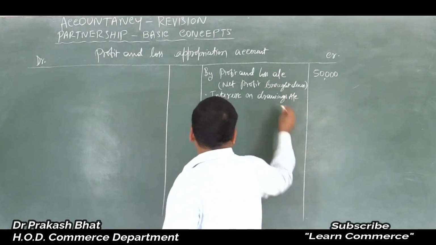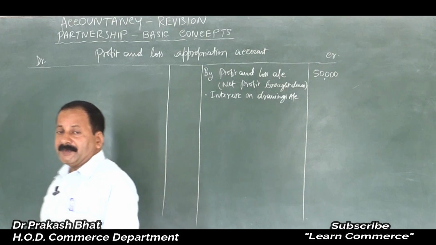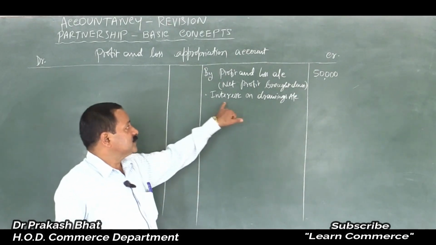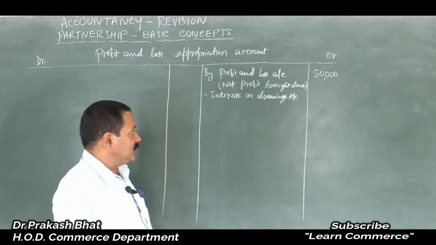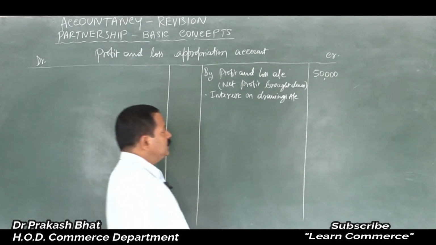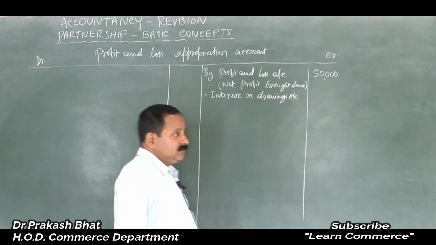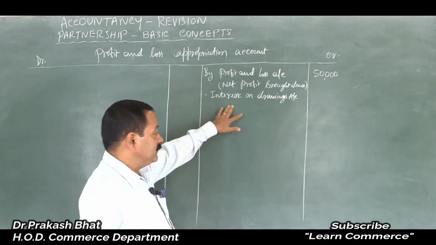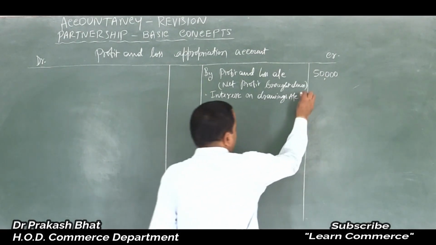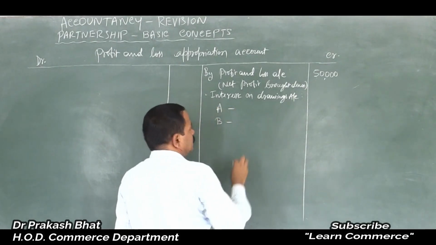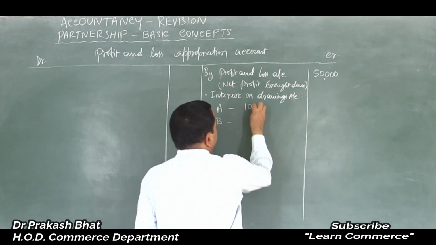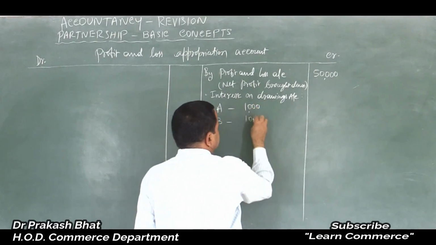Under that, if there are two partners and both are supposed to pay interest, then you have to write A and B, or X and Y, whatever the names are, within brackets. Let me write A and B and take 1,000 each as interest on drawings.